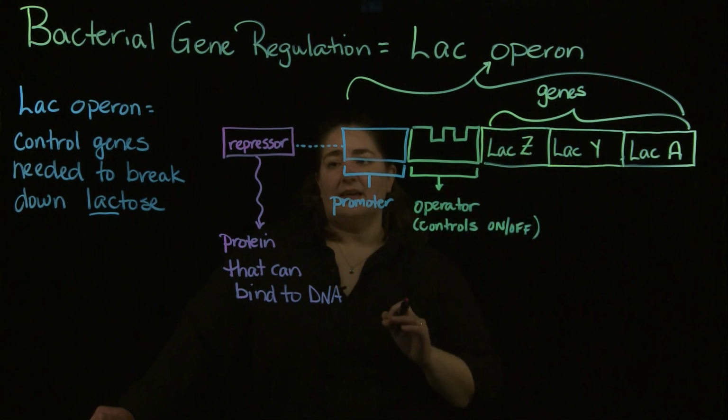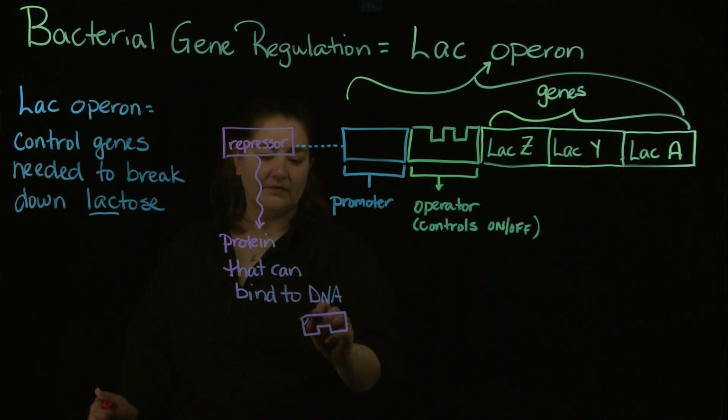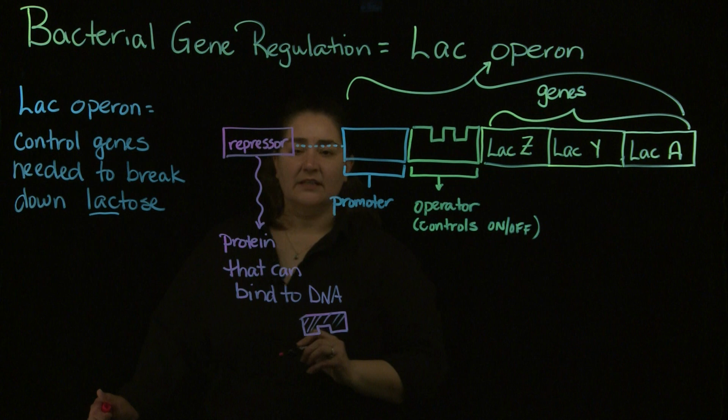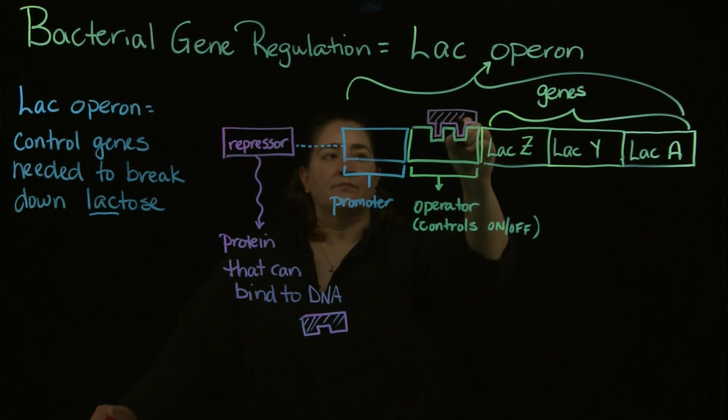So this is DNA. That repressor, let me see if I can draw this so it'll be complementary, sort of, is going to have a shape something like this. And if you notice, I made some indentations here in my operator region.